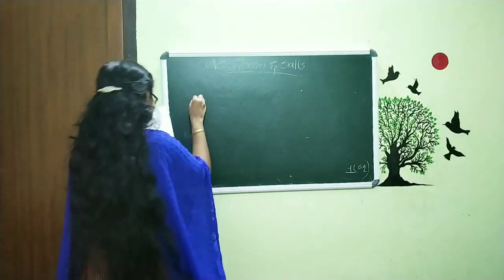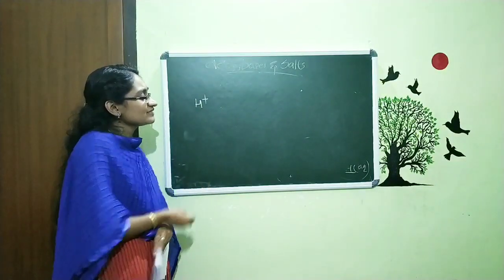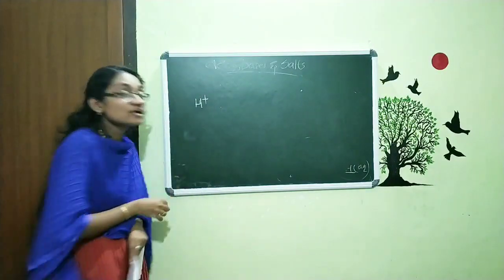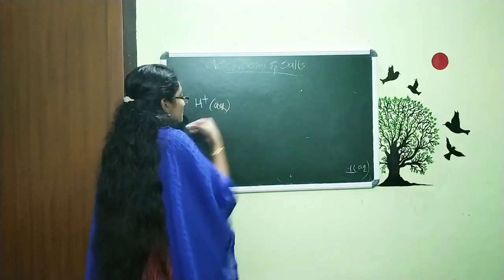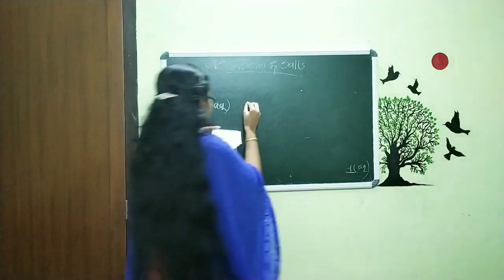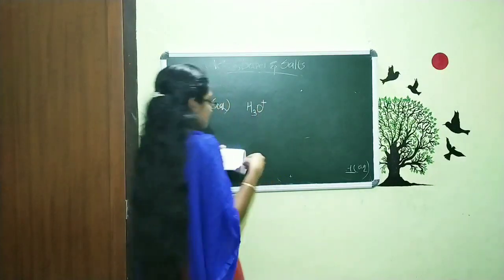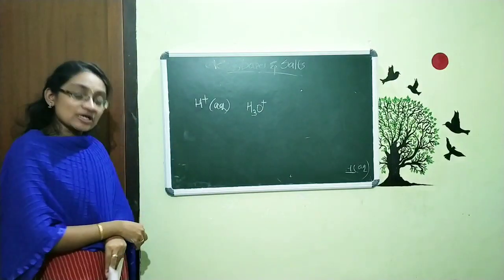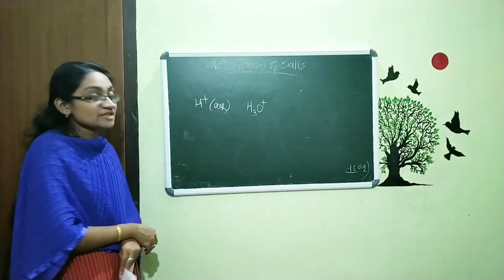acid, we said that it is having H plus ion, but because it is unable to stand still, we want to write it as H plus aqueous, or we can write it as H3O plus. Both are same. H plus aqueous means this H plus is getting reacted with water. That is what this H plus aqueous is.